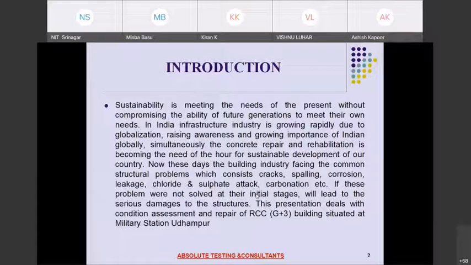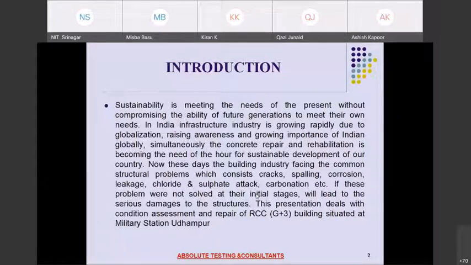So here I am talking about one of the buildings from military station Udhampur, which is in the Jammu area. What was the actual problem was that some cracks and spalling were observed in the structure at initial stages, and we did the condition assessment using non-destructive testing and some semi-destructive techniques also.